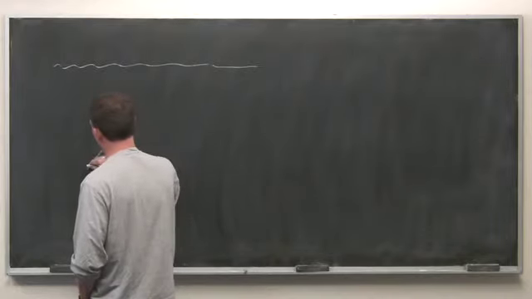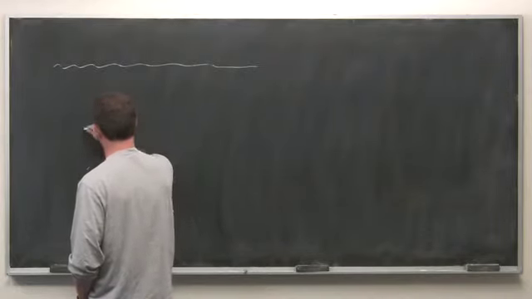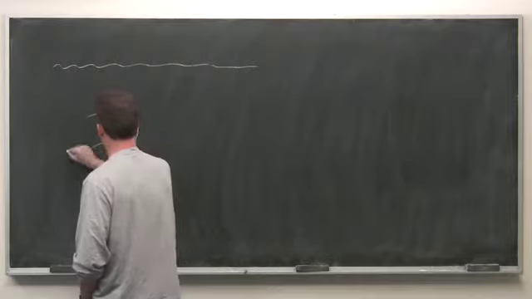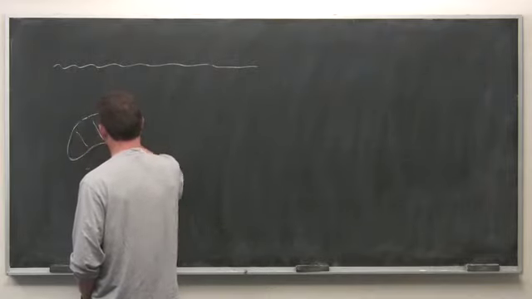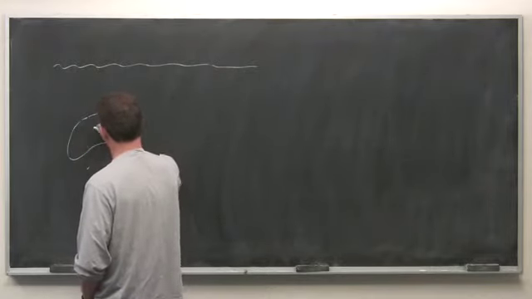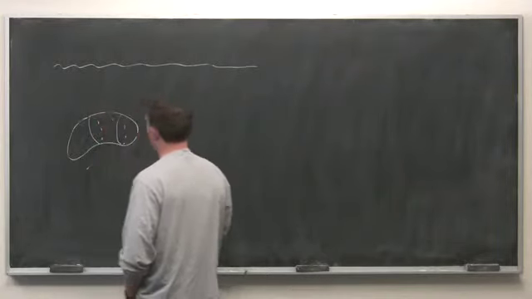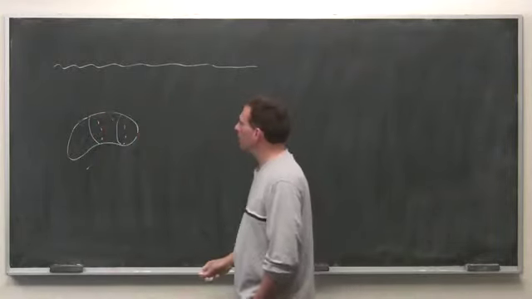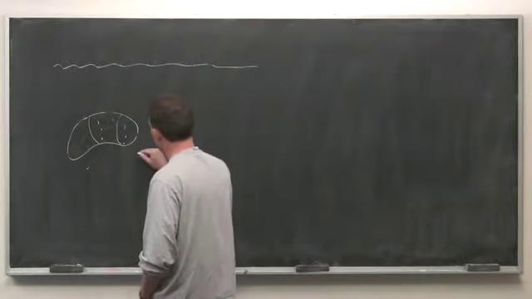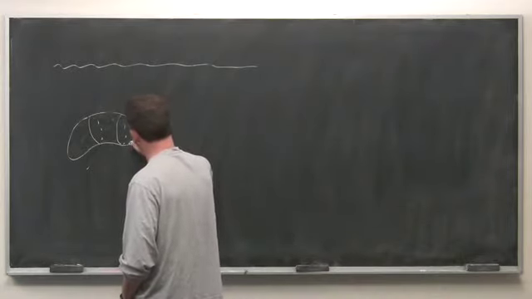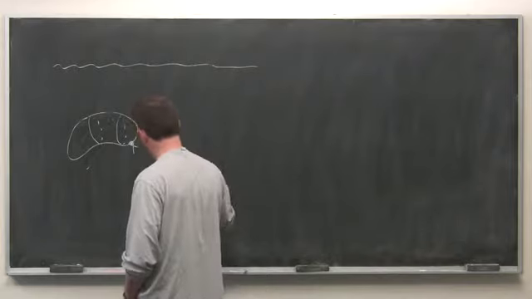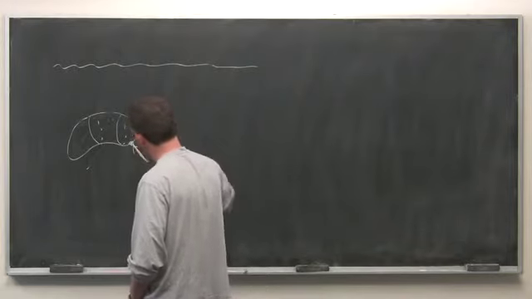Like you could have some object here, some solid object. This is supposed to be a solid object of some weird shape. And what's true is, what's the pressure that acts right here at this point?